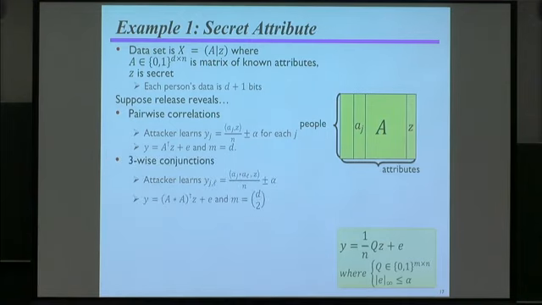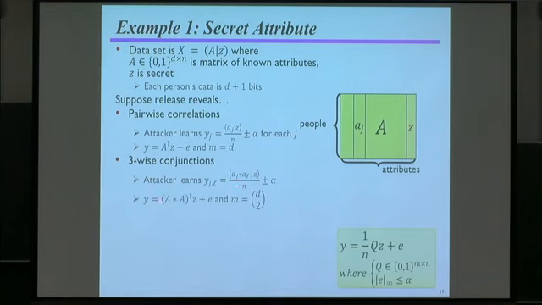Or you could get a slightly more complicated example where you're releasing three-way marginal statistics about this table, in which case for every pair of columns A_j and A_l, you would learn a three-way contingency table, even if it's noisy. Roughly speaking, that is the inner product of Z with a vector which is an entry-wise product of A_j and A_l, again normalized by n.